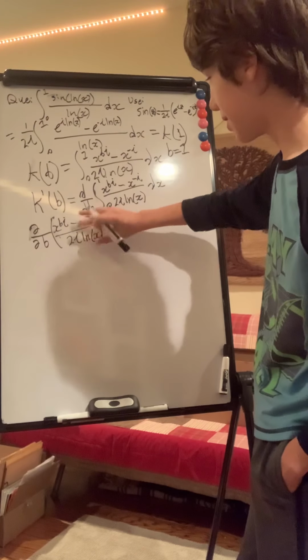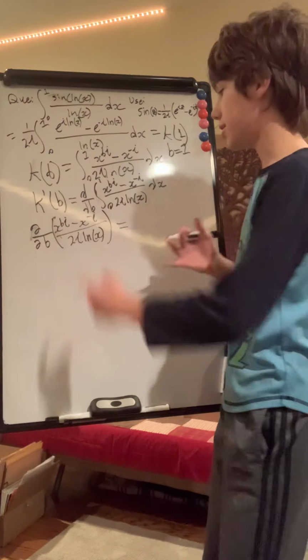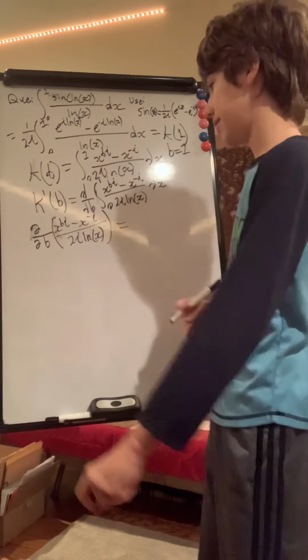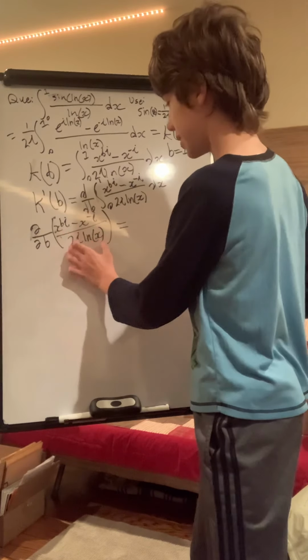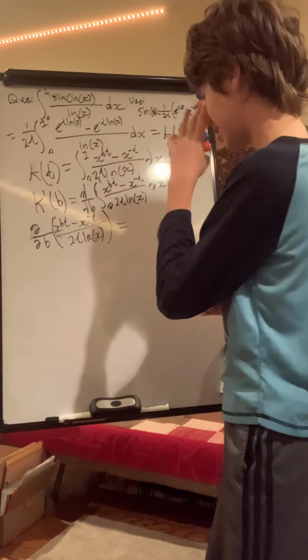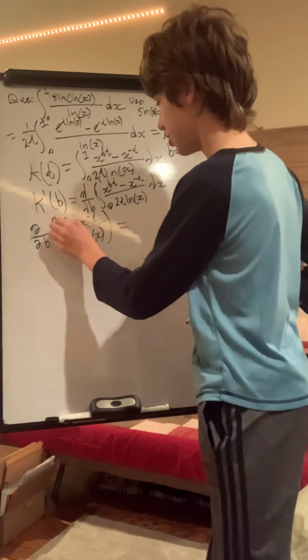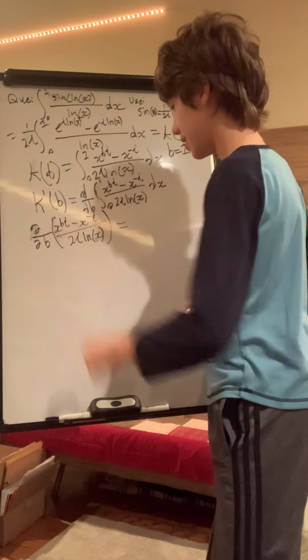But this entire thing has no b in it, so that goes to 0. We want to focus only on the section with b in it, in a sense. So we're treating this as a constant here, and we're differentiating with respect to b in this case.